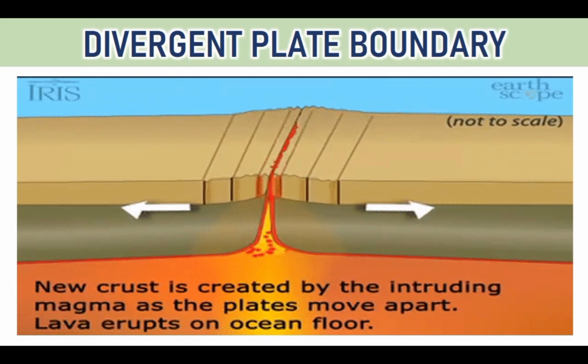Divergent boundaries can form within continents but will eventually open up and become ocean basins. On land, divergent boundaries within continents initially produce rifts, which produce rift valleys.